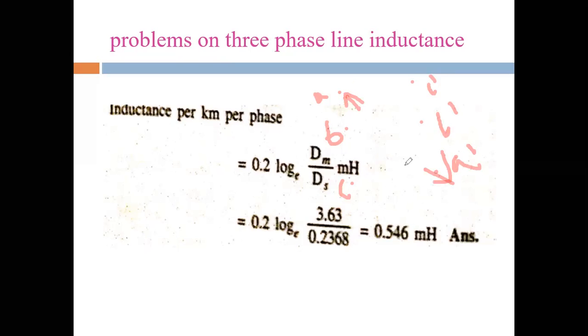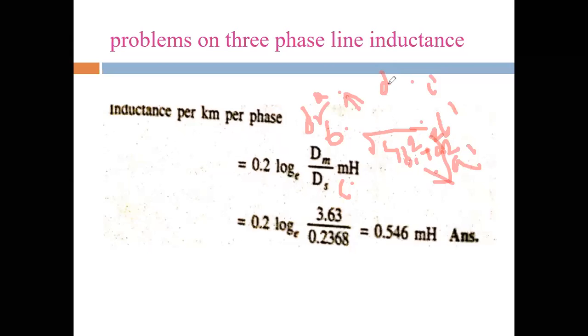Okay, in that, what is the distance between A to A dash? The distance between A to A dash is square root of 4 d1 square plus d2 square. Okay, A to B is the d1.